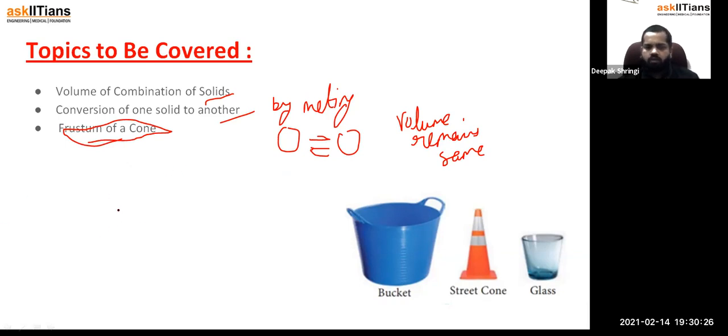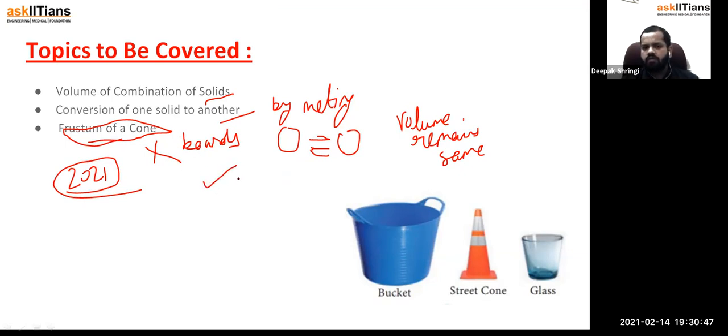As of 2021, the frustum of a cone is excluded from your board's perspective. But if you go for competitions and the Olympiad, the frustum of a cone is quite important.